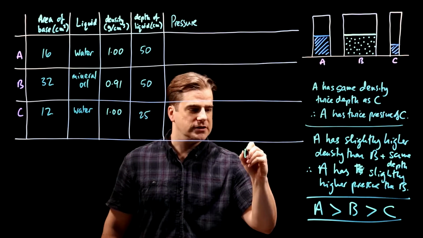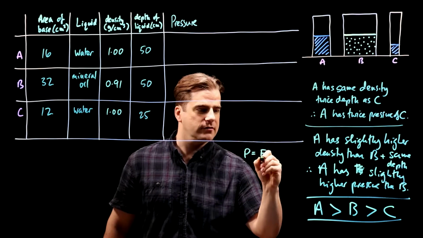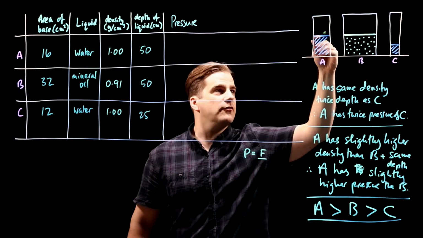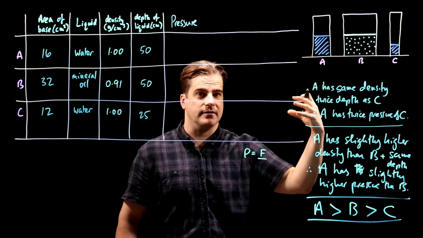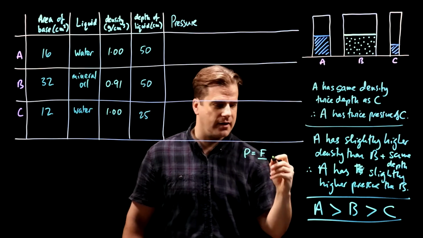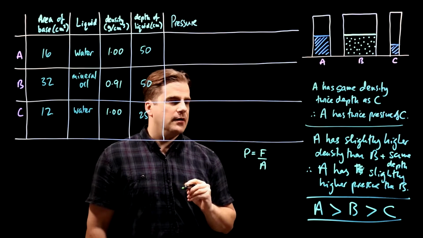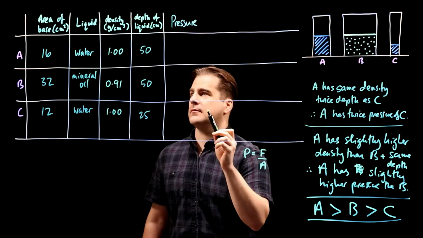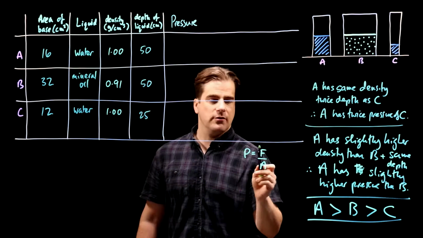So, pressure is the force of the liquid. So we need to calculate the weight, because weight, as units of newtons, is a force, okay? Force over area. Right, so we know the area here, we don't know the force.